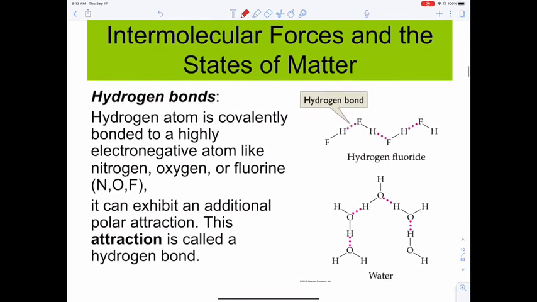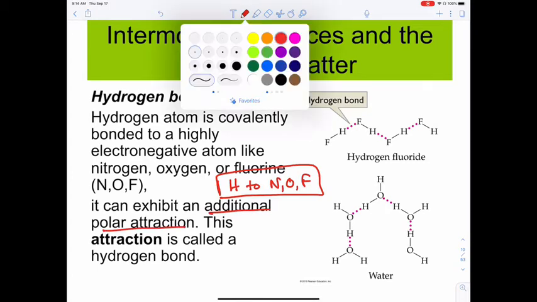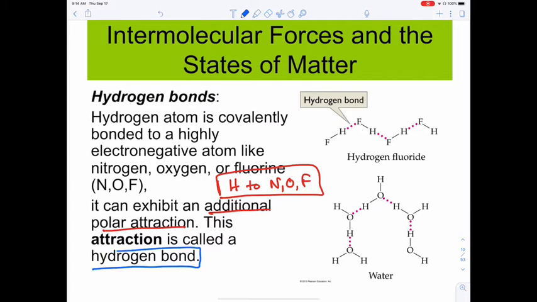And so there's a special case of polar bonds when you have a dipole. If you have a hydrogen atom that's covalently bonded to a highly electronegative atom like nitrogen, oxygen, or fluorine, and the way I like to think about this is hydrogen to NOF, and this is the most important thing to remember, if hydrogen is bonded directly to nitrogen, oxygen, or fluorine, it will exhibit an additional polar attraction. This additional polar attraction is called a hydrogen bond.